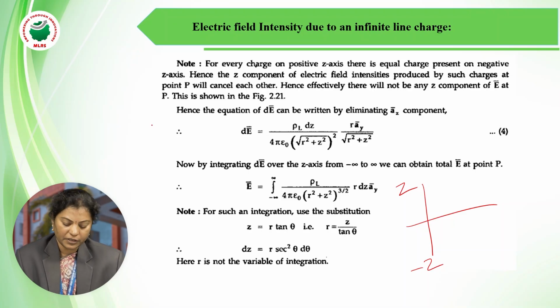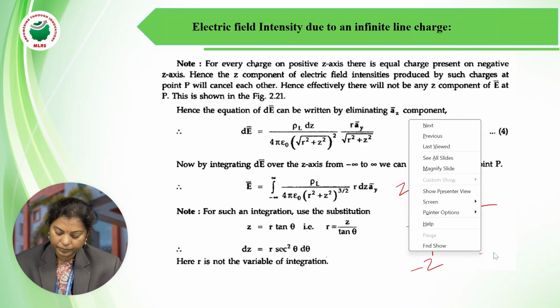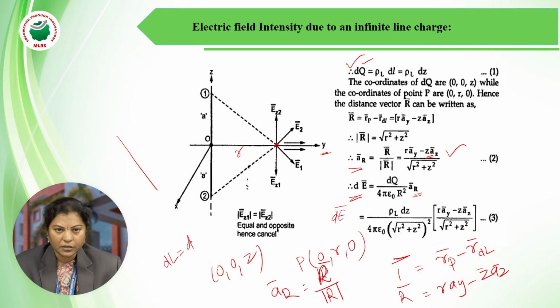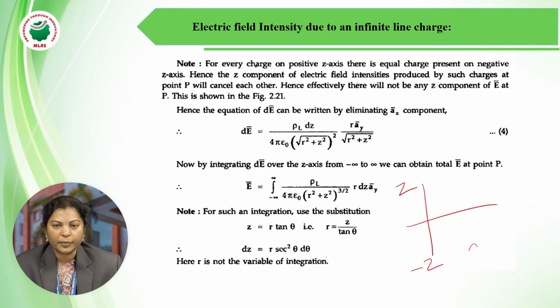Hence the equation dE can be written by eliminating the az component. So dE equal to rho L into dz by 4 pi epsilon naught into r square plus z square, whole power 3 by 2, into r into ay. The z component is 0 because the minus z term and plus z term cancel out.